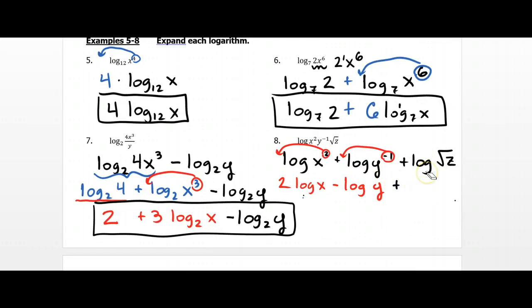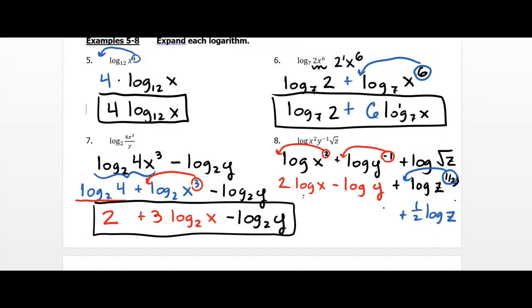Radical z is the same thing as z to the 1/2, so this becomes log base 10 of z to the 1/2. From there, I can use my power property again, and I can take this 1/2 out front, and so this becomes plus 1/2 log base 10 of z.